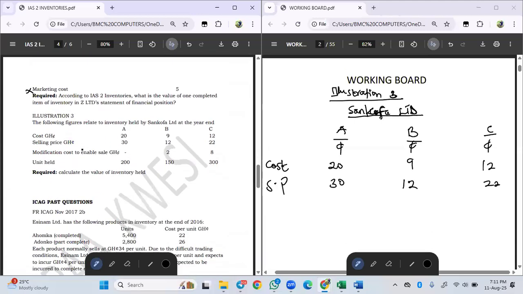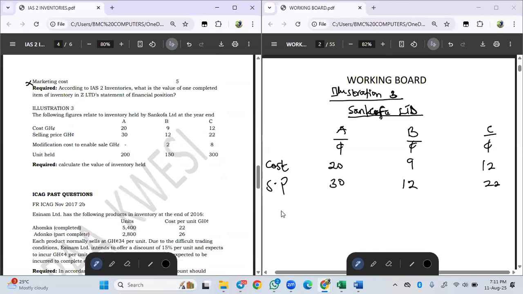So modification costs. Let me just write cost to sell. That one we are going to deduct from selling price to determine our NRV. So that one is 2.